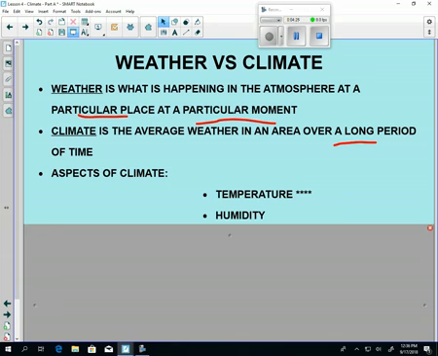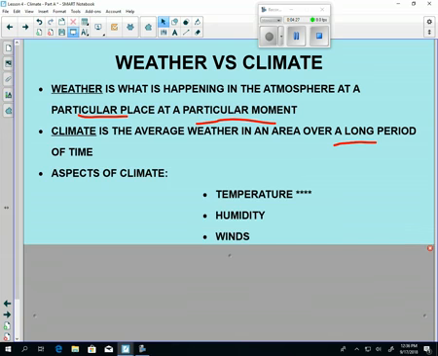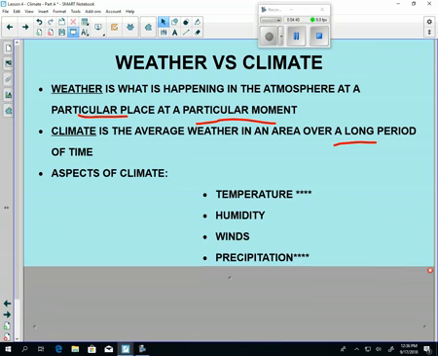Humidity is the moisture in the air. Winds. Is it windy? If we go along the coast, we always have lots of winds. Some places on the earth have more winds than others, but wind is a part of the climate. And precipitation, that's rain or snow. Those are parts of climate.